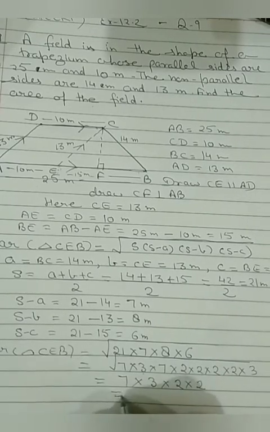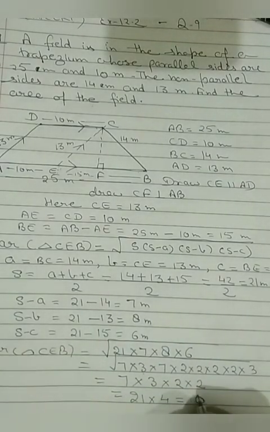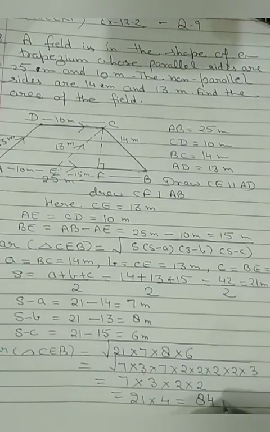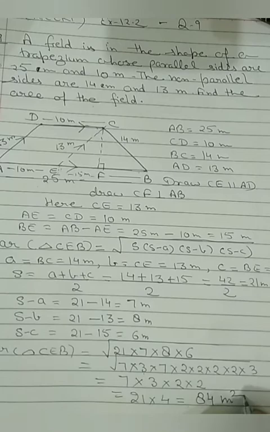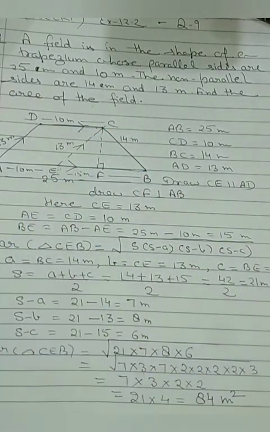If we multiply it, we get 21 multiplied by 4, 84 meter square. This is the area of triangle CEB.